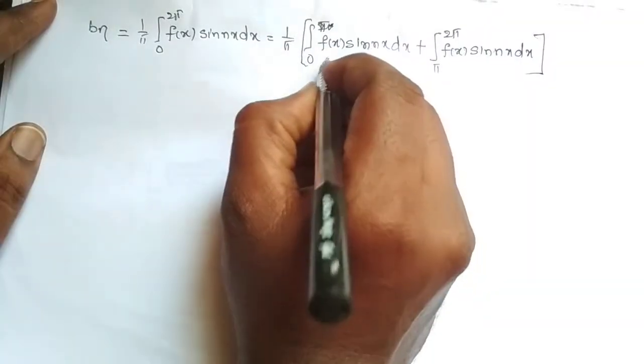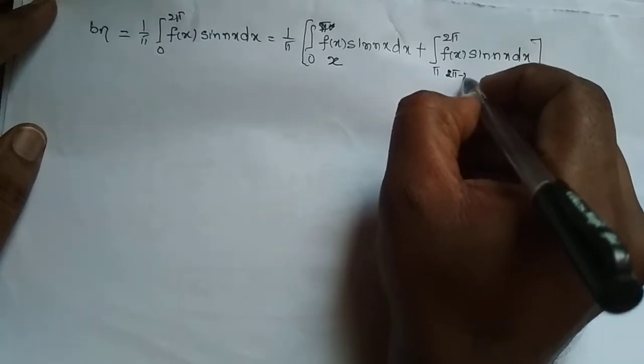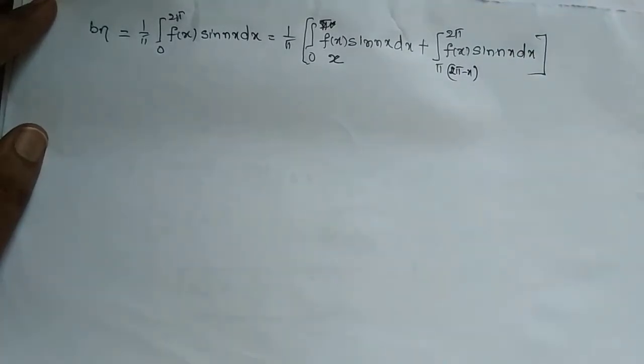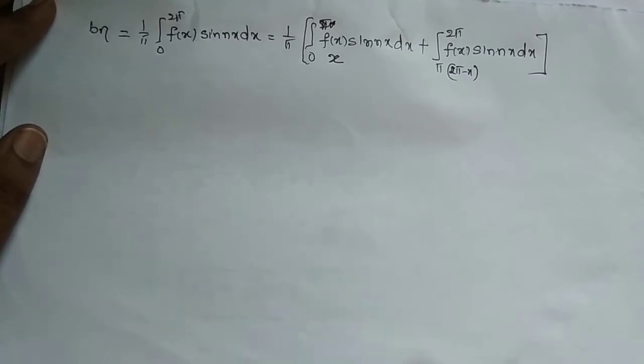So here f of x is x, here f of x is 2 pi minus x. So again I should apply the same formula, but the difference is the last one was cos nx, here sin nx. That is the only difference.